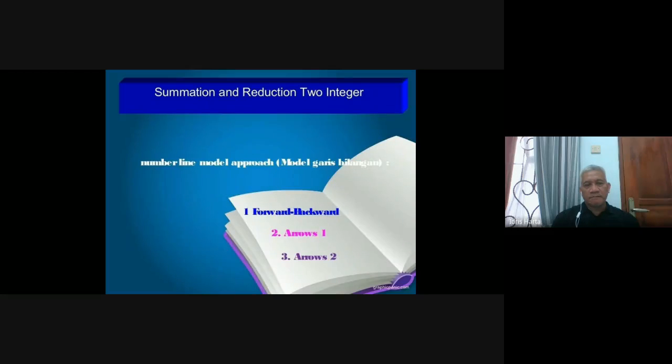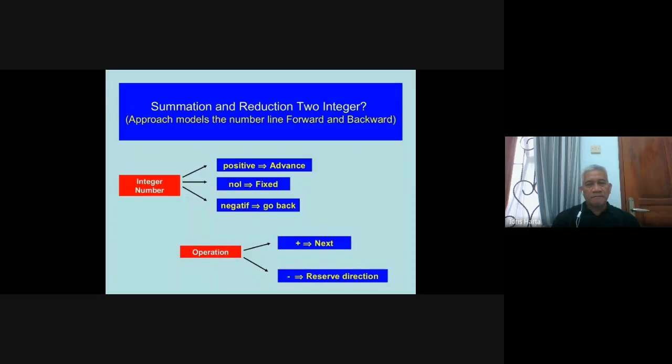Integers consist of positive, zero, and negative. Operations consist of positive and negative.